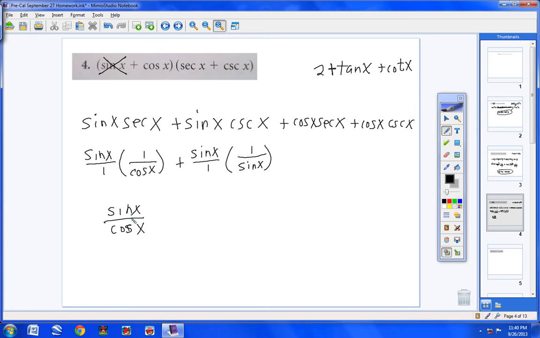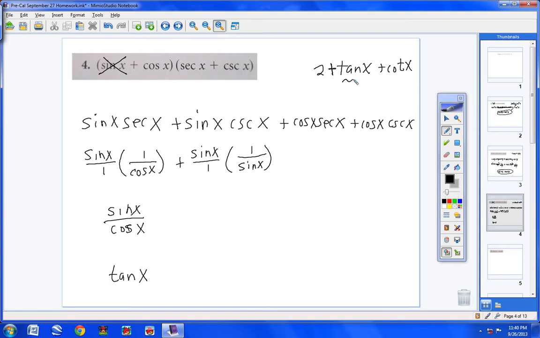If you look at your basic trig sheets, it says that sine over cosine is tangent. So all of this became this, and now I can simply put tangent x. Look at that. Why do I care? Look at your answer.